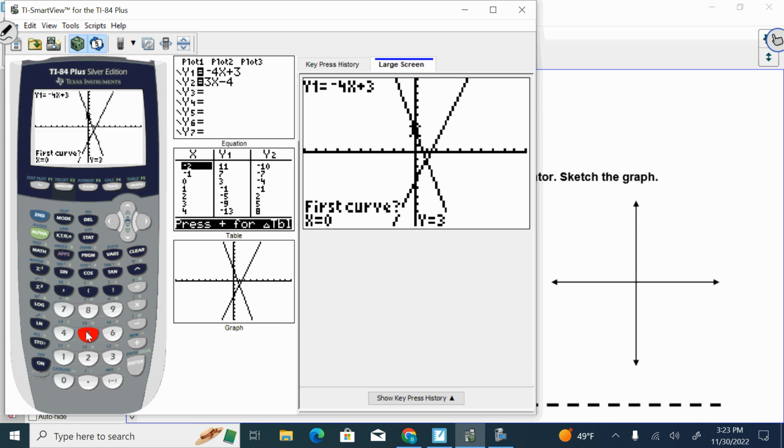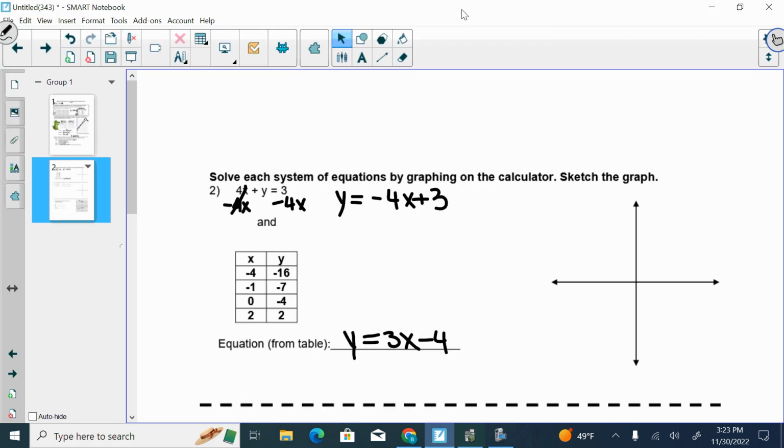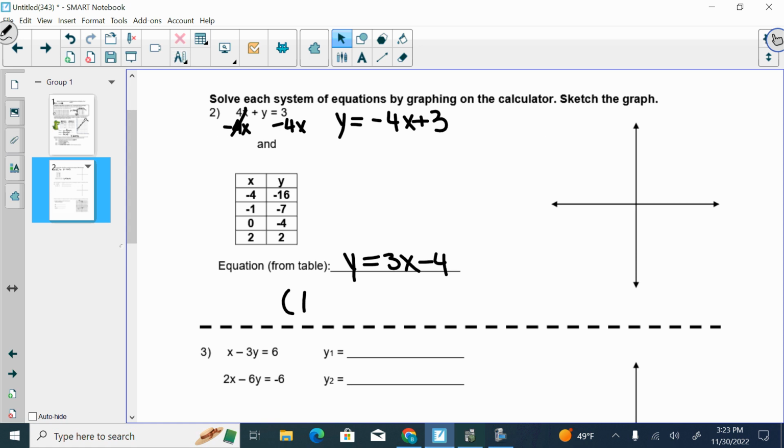We're looking for the intersection. And then you press enter 3 times. And where does it say the intersection point is at? What did it tell you at the bottom of your screen? 1, -1, right? So my intersection is going to be at 1, -1.